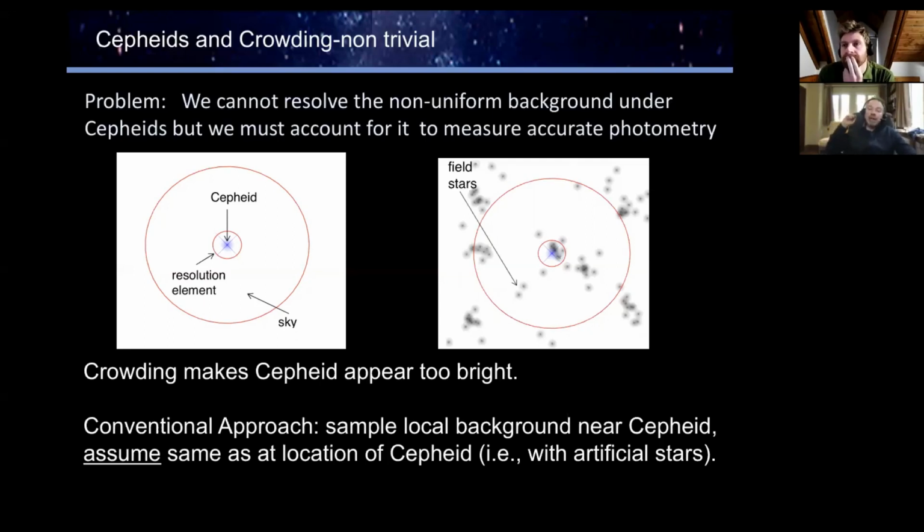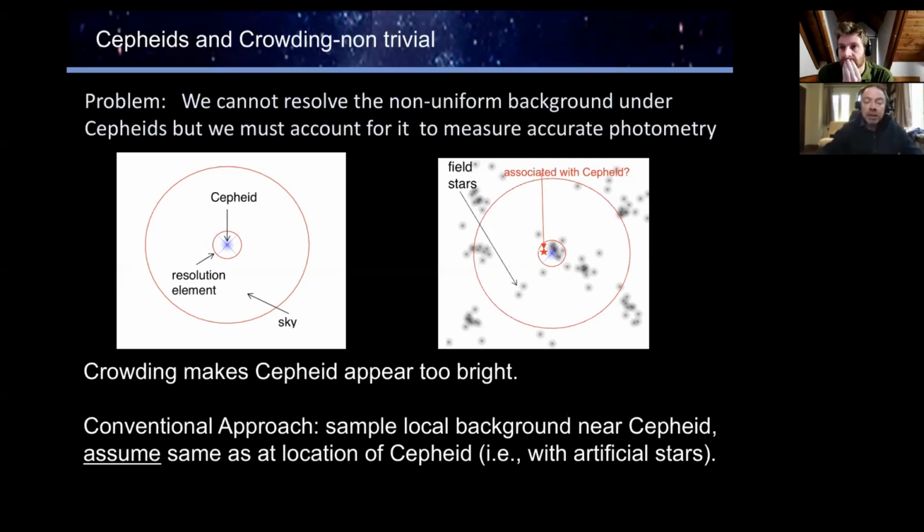You might even throw down fake stars and measure them to reproduce the process, and you measure what's called the crowding, or really the offset or bias that results on average from the other field stars crowding into the resolution element. Now, there could be extra wrinkles in this. It might not just be field stars. It actually could be stars that are physically associated with the Cepheid. That is, they live together. You could think of a cluster that the Cepheid could live in, something like that.